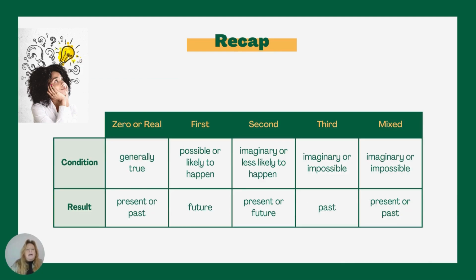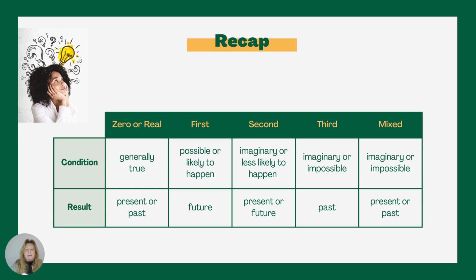Let's recap. So we have all the conditionals: zero or real, the condition is generally true, the result is present or past. First conditional: the condition is possible or likely to happen. The result is future. In the second conditional, the condition is imaginary or less likely to happen.